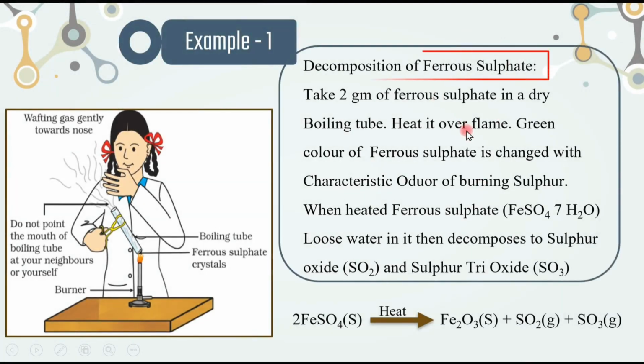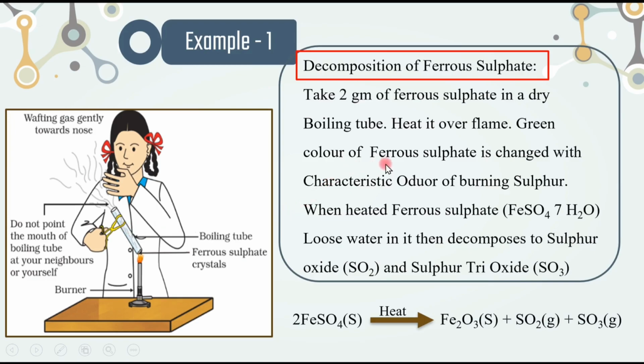Example 1: decomposition of ferrous sulfate. Dear student, in this experiment we will study the decomposition of ferrous sulfate. You have to take 2 gram of ferrous sulfate in a dry boiling tube and heat the tube.